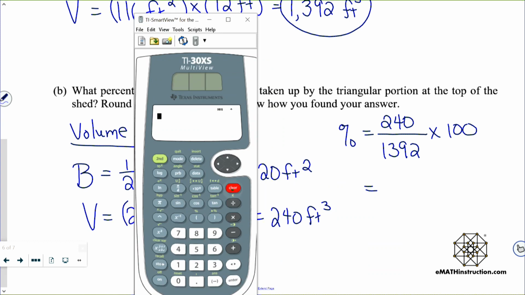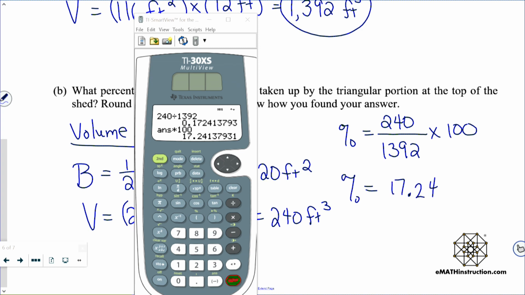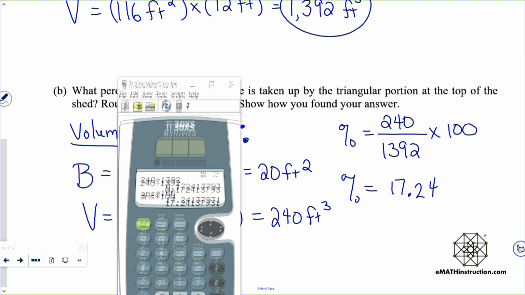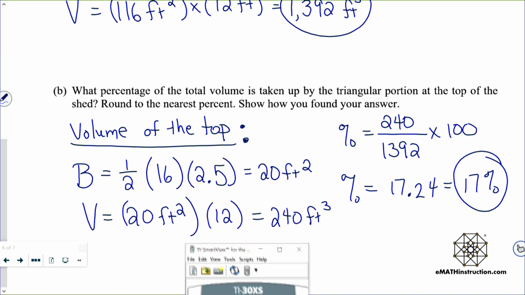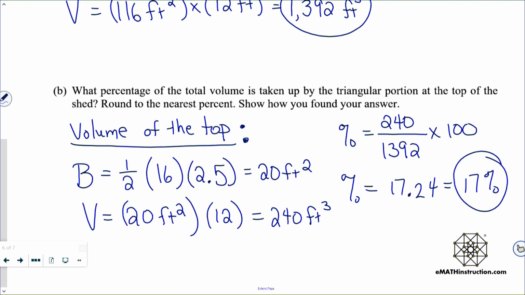So what will I have? 240 divided by 1,392, multiplied by 100. The percent is 17.24, etc. Round to the nearest percent. 17% is taken up by that upper portion.